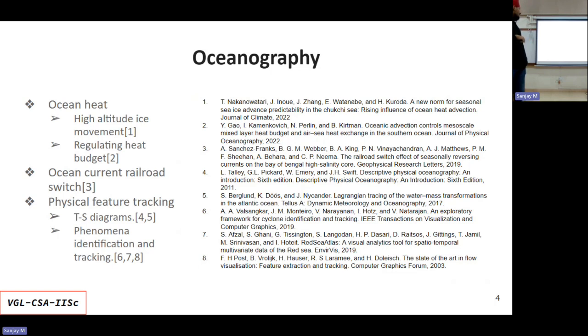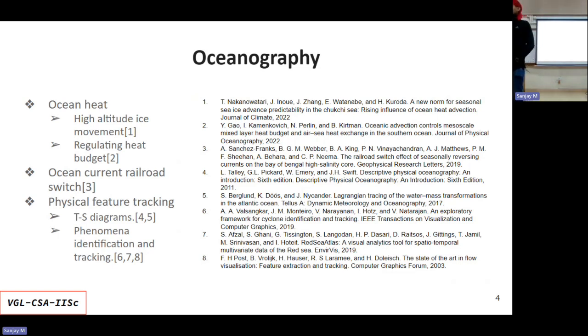We also have some studies in oceanography that identify certain phenomena and then track them over time to understand how things are affected by it or how that particular phenomenon behaves over time. One thing majorly used in oceanography is temperature-salinity diagrams.